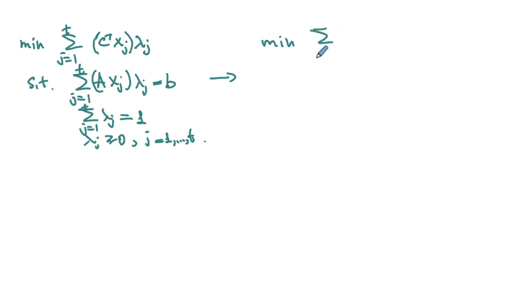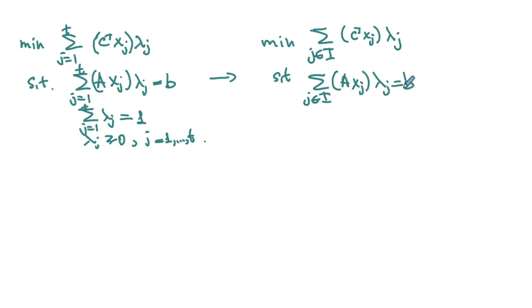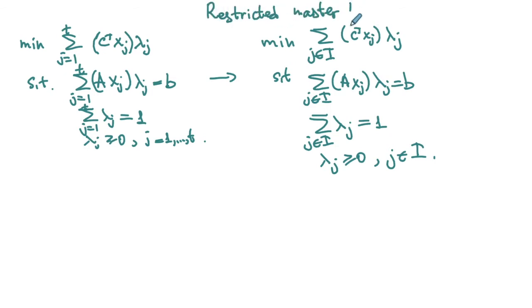So we'll have the summation for j in some set I, the set of indices we start with, of c transposed x_j times lambda j, subject to the summation for j in the set I of A x_j times lambda j is equal to b, then the summation of lambda j's for j in the set I is equal to 1, and all lambda j's are non-negative for j in the set I. So this is what we call the restricted master problem, or RMP for short.